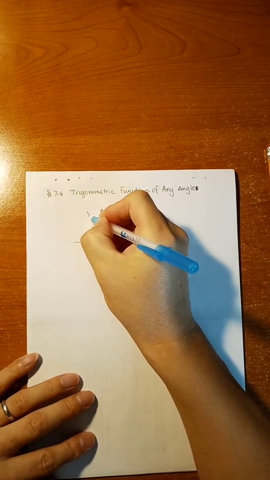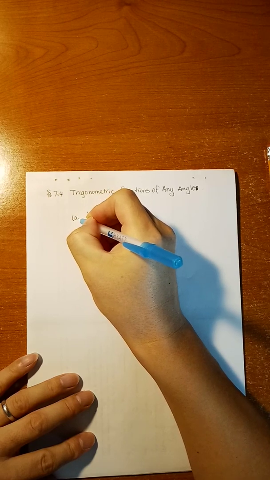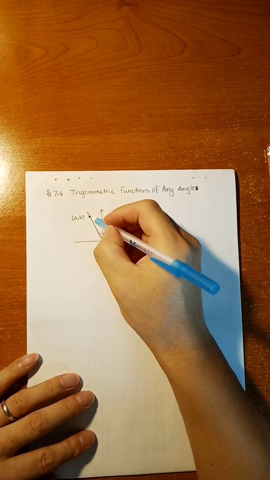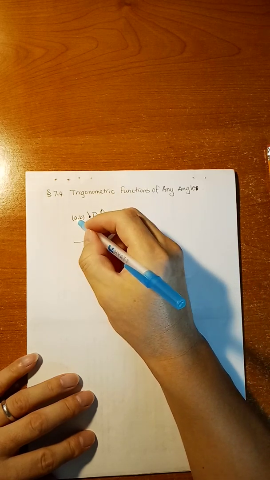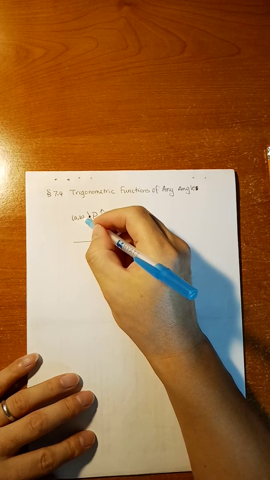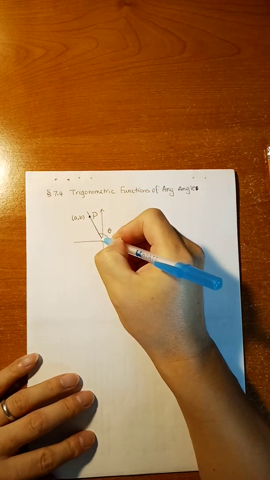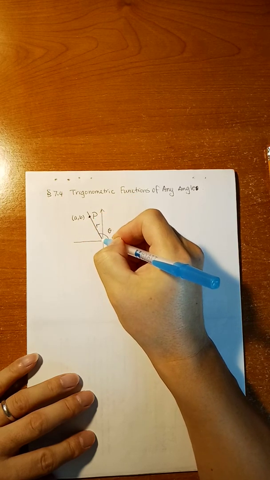You randomly pick a point from the terminal side, and you record the xy coordinates of this point P. The x coordinate is a, the y coordinate is b. And then you also measure the distance between P and the origin. The distance between P and the origin is r.